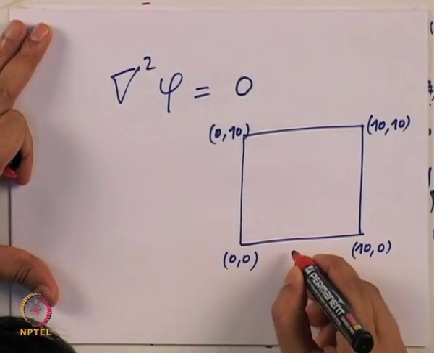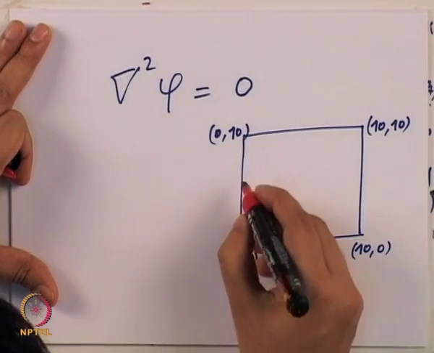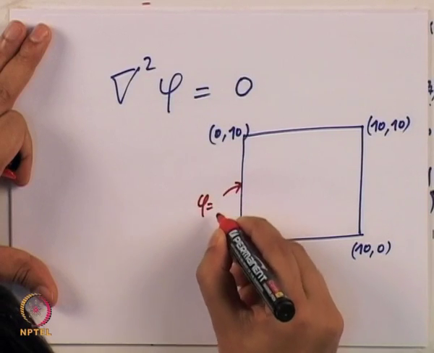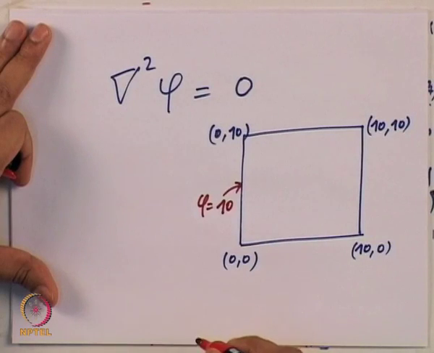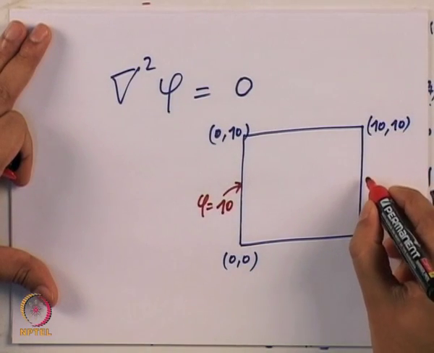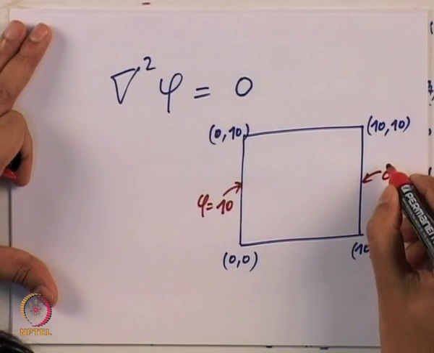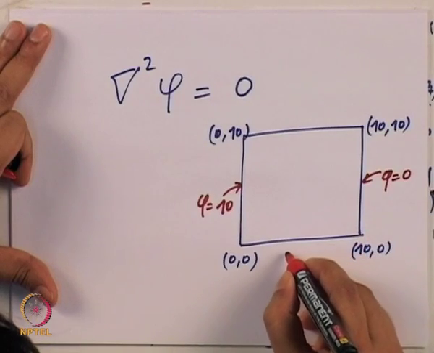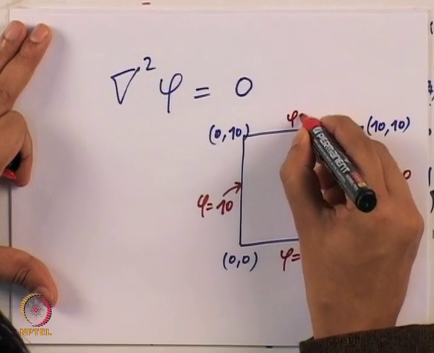Let us give the potential on this particular boundary to be 10 and the potential on this side is going to be 0, so phi equal to 0, and the potential on this side is also 0, the potential on this side is also 0.